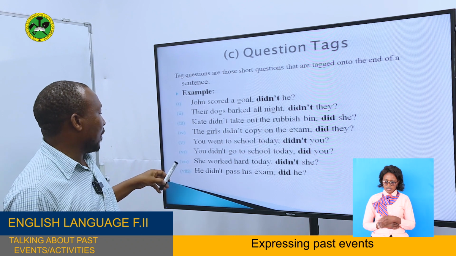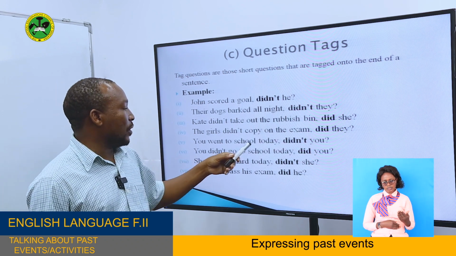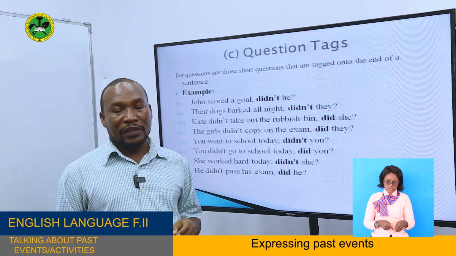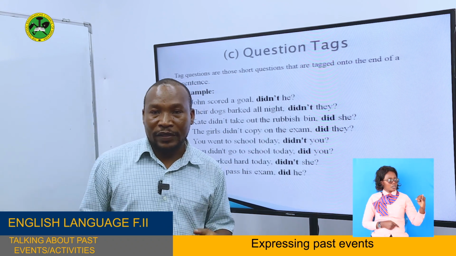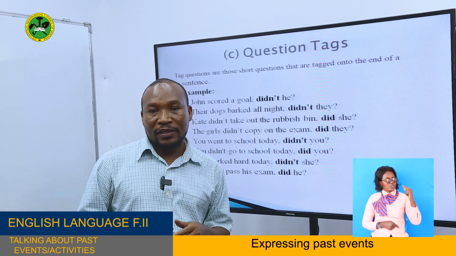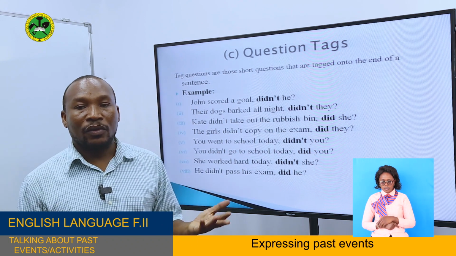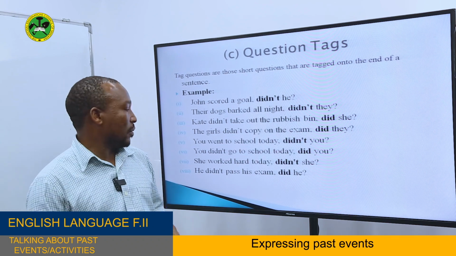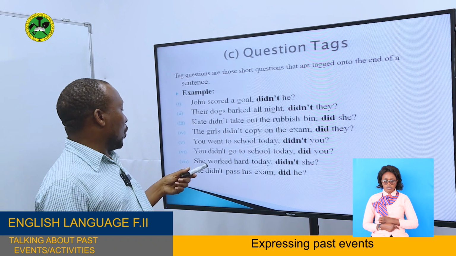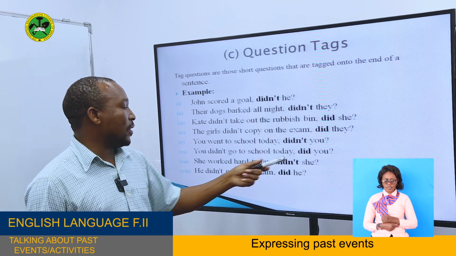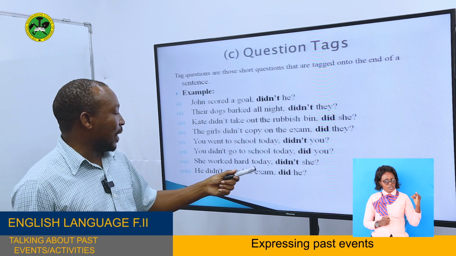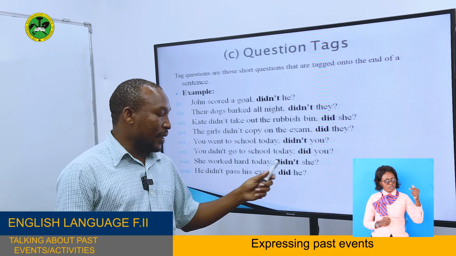Another one, you went to school today, didn't you? Also, the action of going to school, it will be easy to know that it's past because of the question tag. She worked hard today, didn't she? And the last one, he didn't pass his exam, did he?